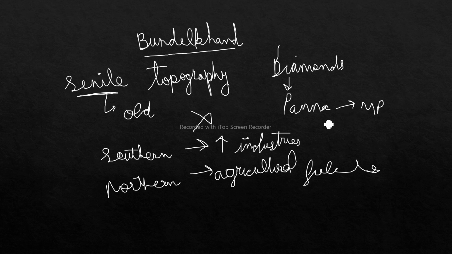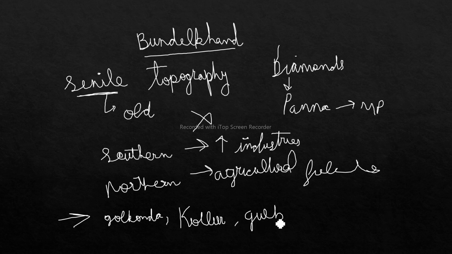This is the most important one, but we have other diamond mining areas as well, like the area of Golconda. Then we have Kollur. Then we also have the place called Gulbarga.